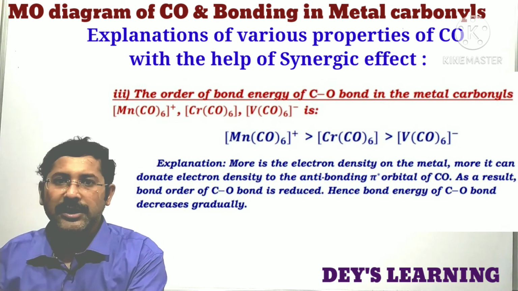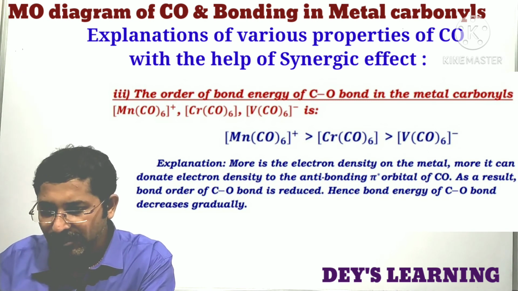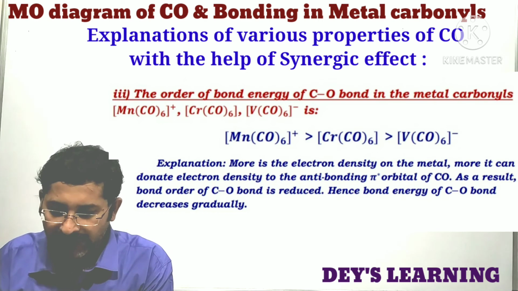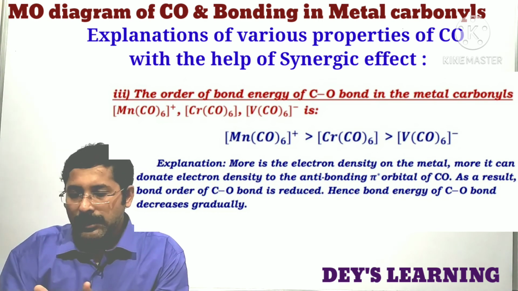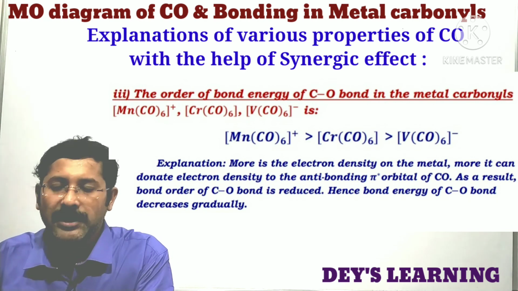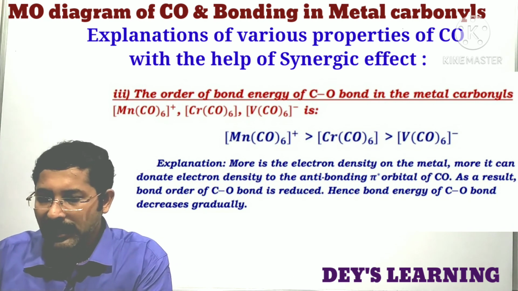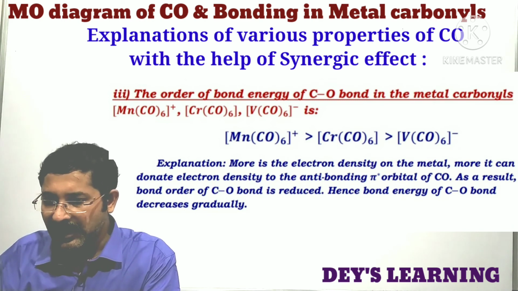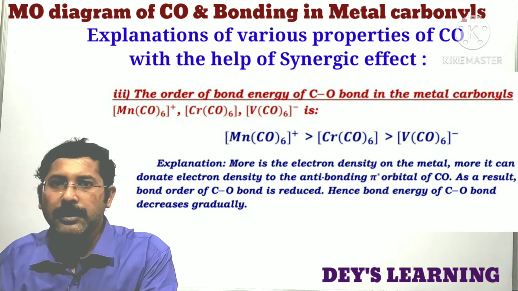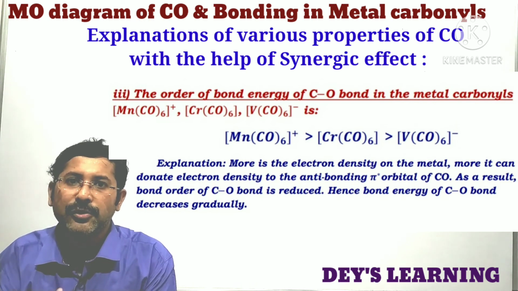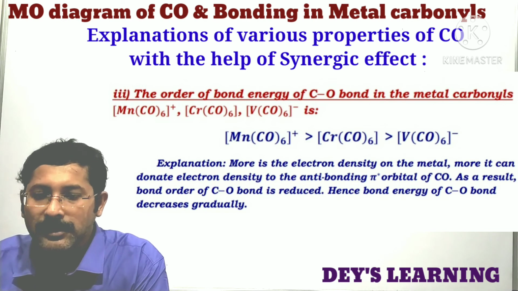So for this species, where the metal contains positive charge, manganese can donate less electron density to the antibonding orbital, and hence its bond order will be greater, and greater bond order means its carbon oxygen bond energy becomes larger.